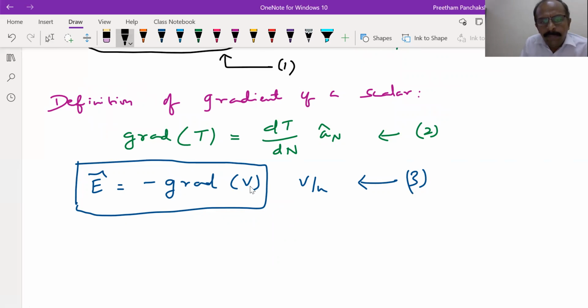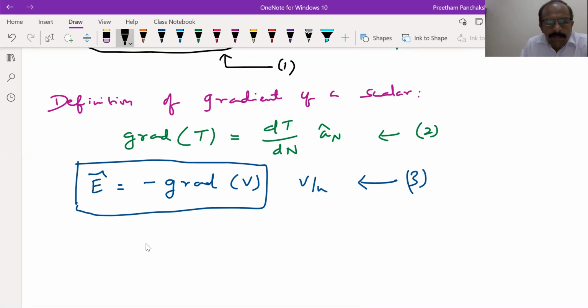We know that electric potential, a scalar quantity, V is a unique function of x, y, z in the Cartesian coordinate system. That means V, being a scalar quantity, is a function of all three variables x, y, and z, and V can be expressed in any coordinate system depending upon our convenience.